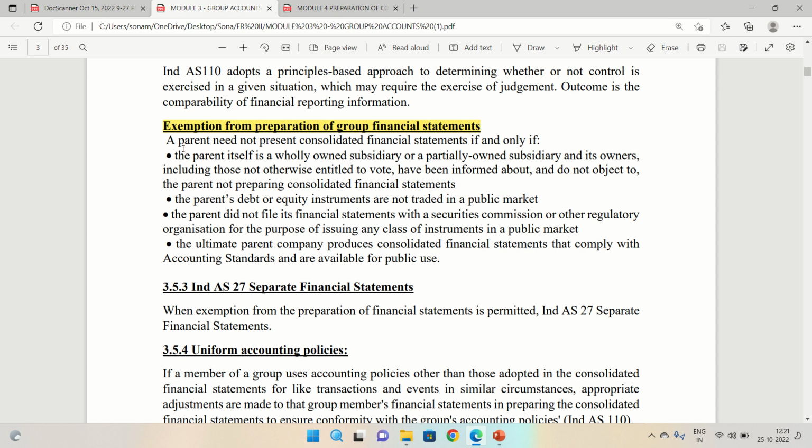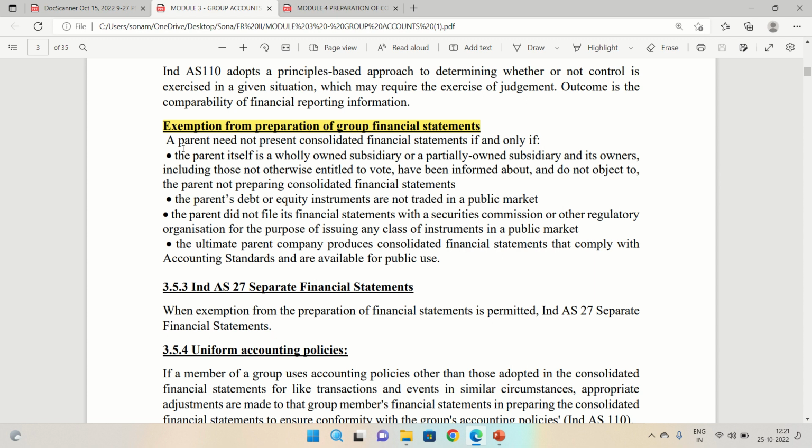In order to issue any type of instruments in a public market, it has its own regulatory formalities. So if the parent company did not file its financial statements with the Securities Commission or whichever regulatory organization, then this exemption stands.